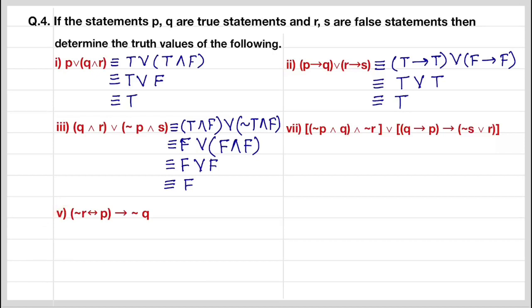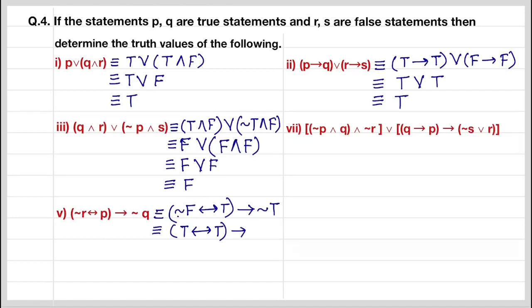Now question example number 5. The method is the same. You have to just substitute the truth value of the corresponding statement. Here the first statement is R and we know R is a false statement. P is a true statement and Q is again false statement. Negation of false is true.